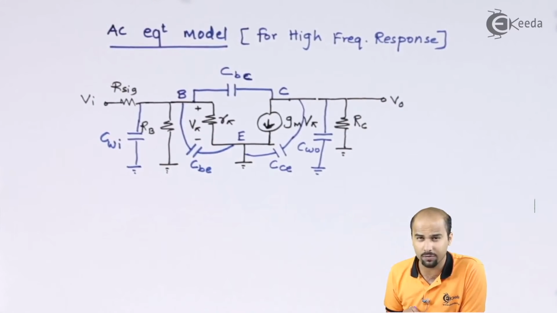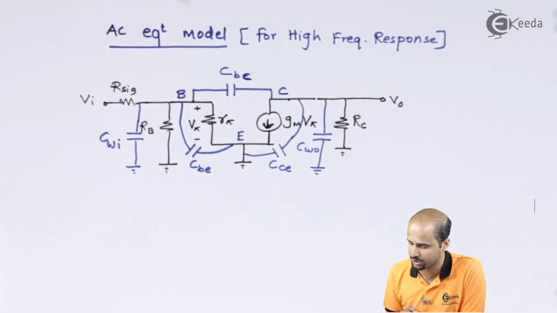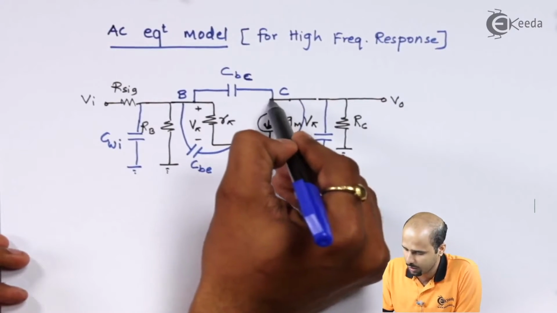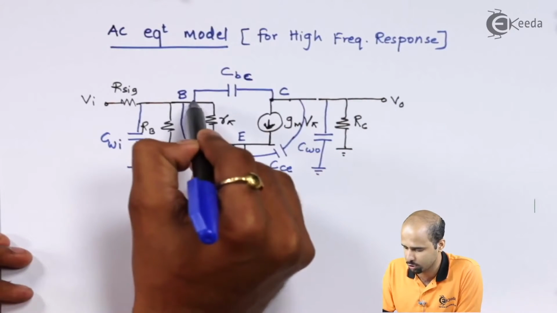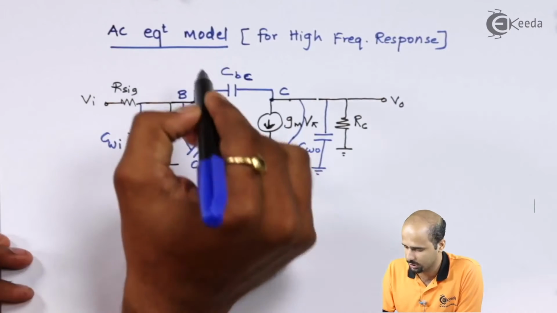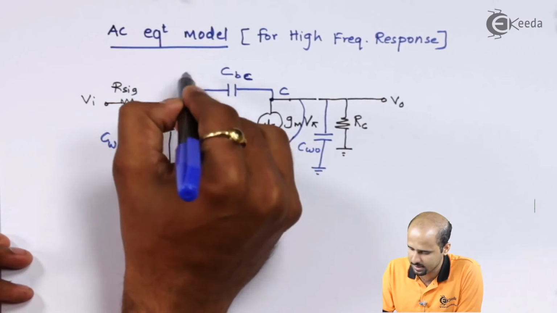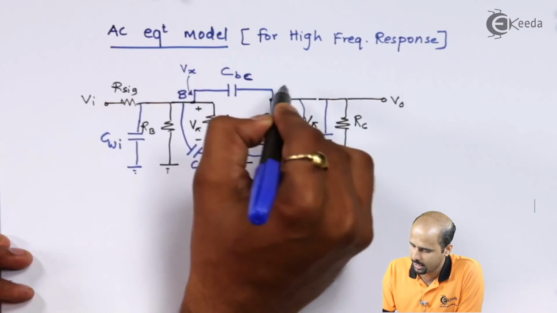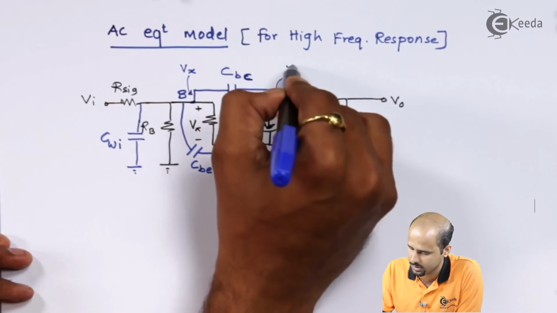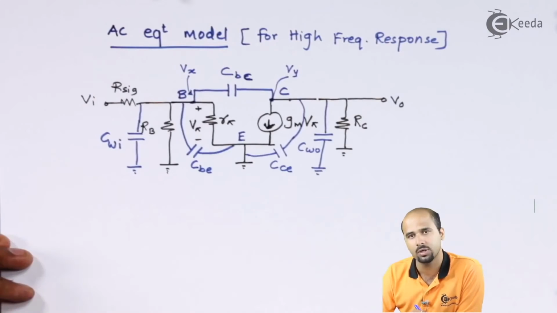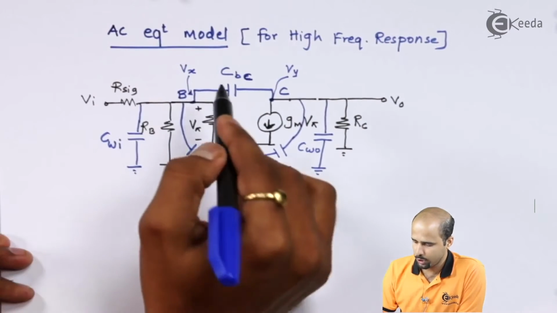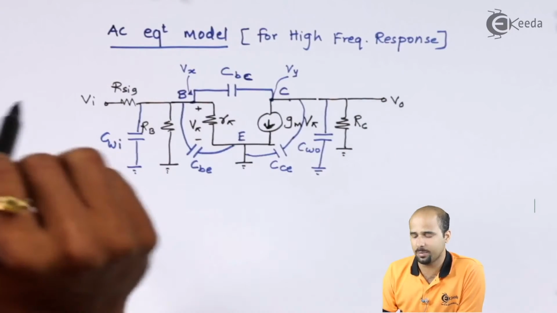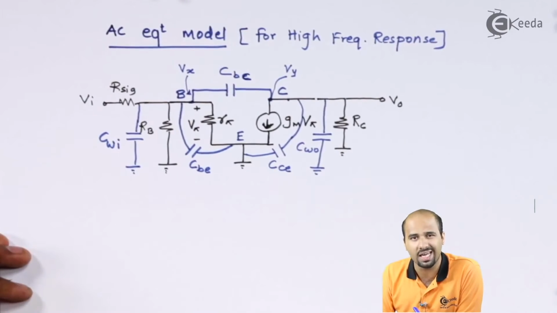For that, we have to have the knowledge about the ratio of output voltage to input voltage. Let's say this is Vx and this is Vy. So we should know what Vy divided by Vx is, that is the AV for Miller's calculation.